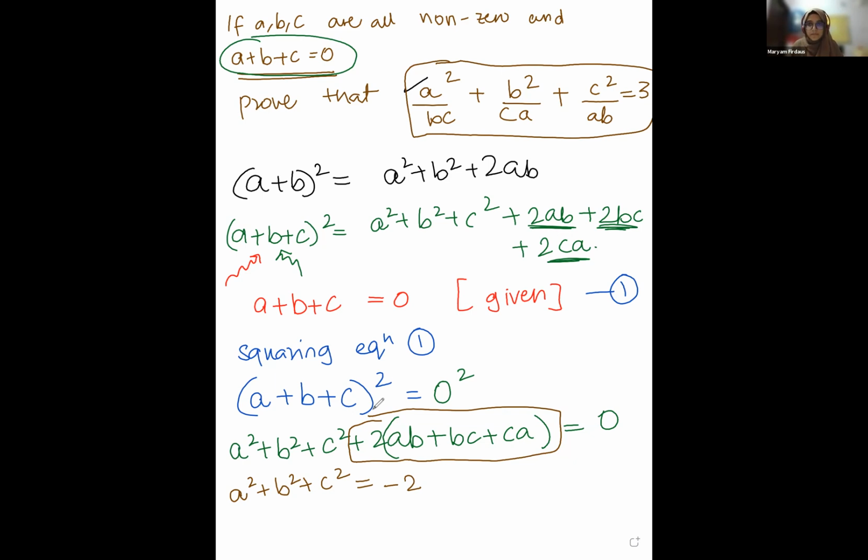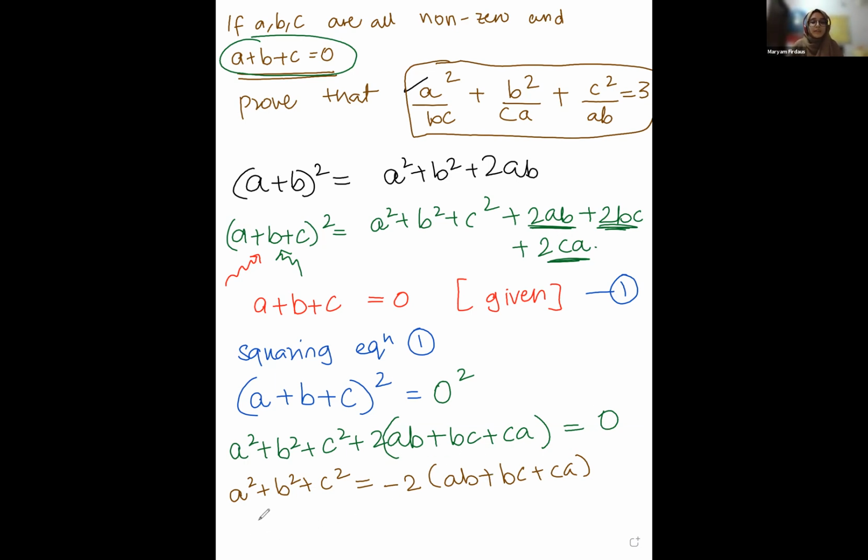Are you getting it? Yes, ma'am. Another way you can say it is that you are subtracting both sides of the equation by 2ab plus bc plus ca. So when we subtract, on the LHS this plus 2 and that minus 2 get cancelled. That's why we don't have any such term in the LHS. But on the RHS, we have minus 2 times that bracket.